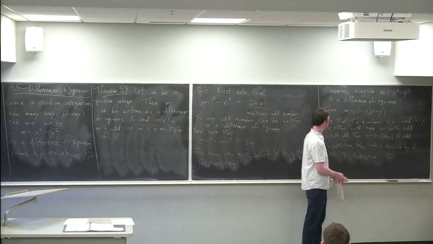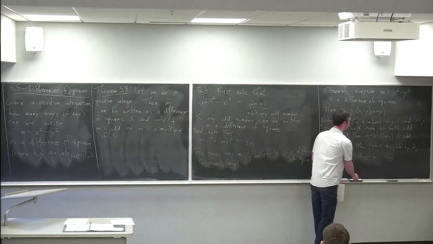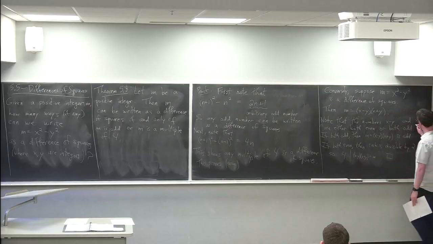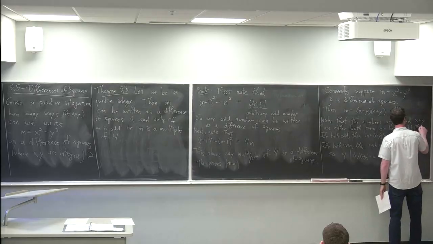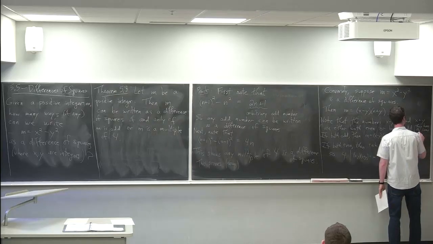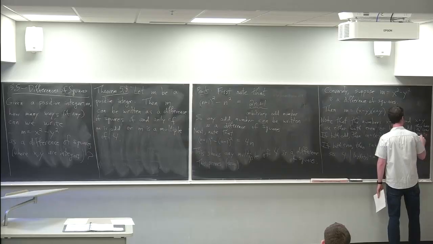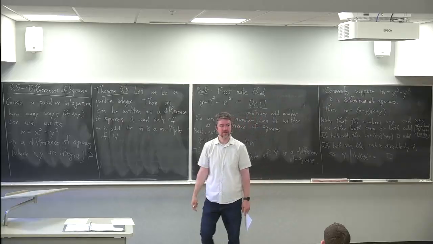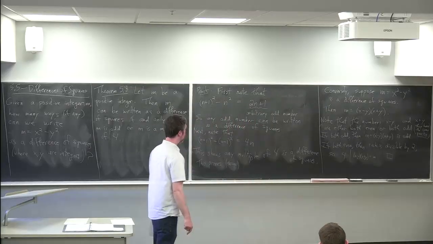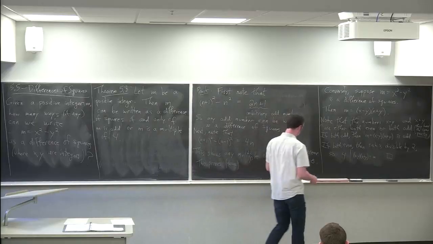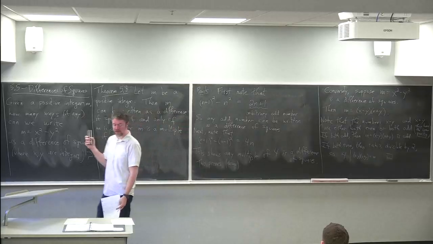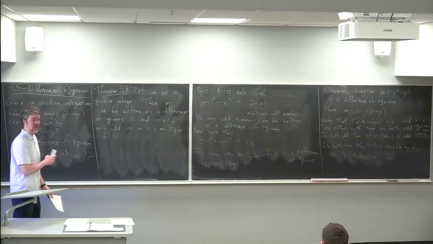I'm going to use that word a little bit. So when we say they're both even or both odd, another way to say that is they have the same parity. The way we're using that word is the parity of an integer is whether it's even or odd. So a difference of two squares gives you a factorization of m into a product of two integers with the same parity.